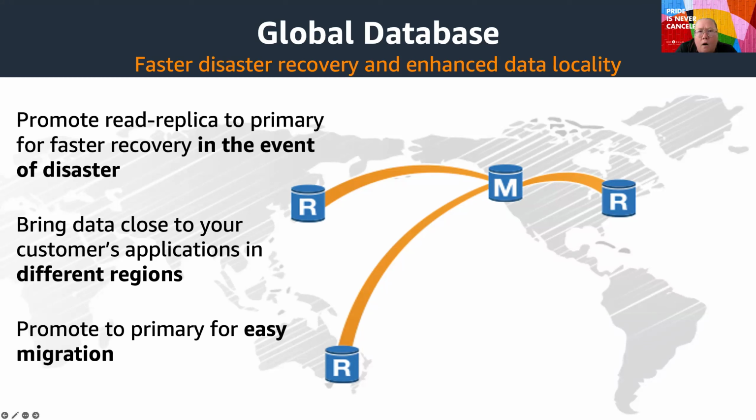So how about doing a global database? So let's start with the fact that we are fundamentally building a database of Amazon Aurora, having that one primary node. So that primary node hosts your data. But what about if you want to extend to different regions?